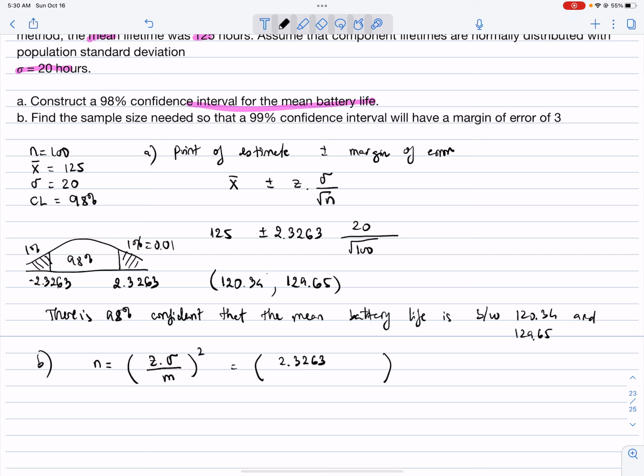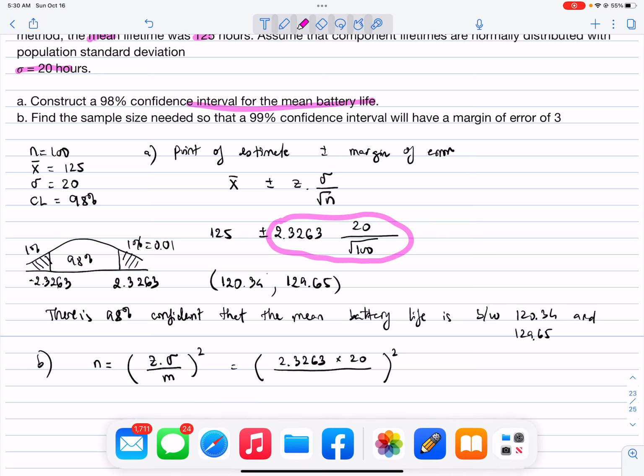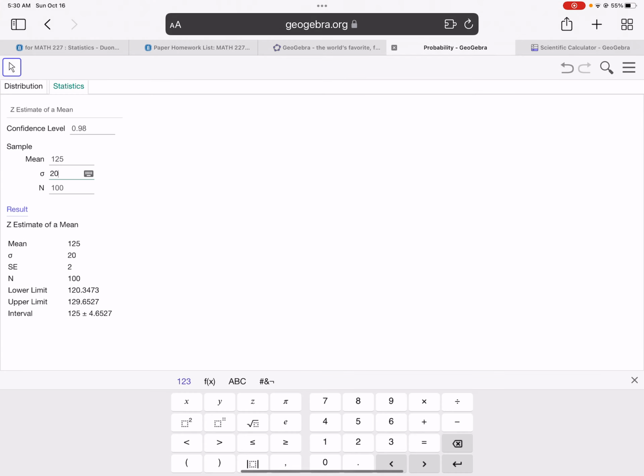However, we will square, so that's why it will become positive. So in this case, I just use z positive to be easy. Sigma is 20, so multiply 20 divided by the margin of error. I did not calculate the margin of error, but the margin of error is this part. So I copy from the GeoGebra, so we got 4.6527.